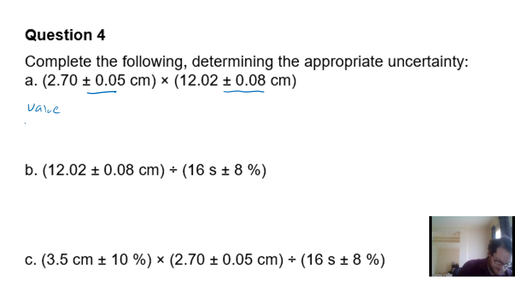That's just going to be 2.7 times 12.02. And this is the reason why we don't do these very often, because they're a fairly difficult thing to deal with. You've got to deal with all these extra bits and pieces. 32.45.